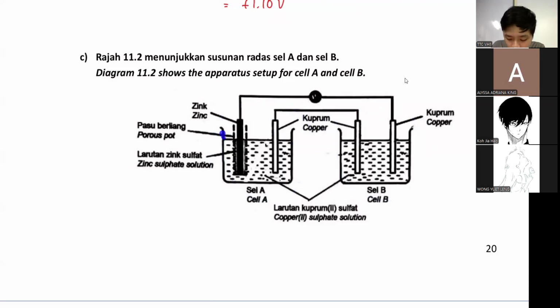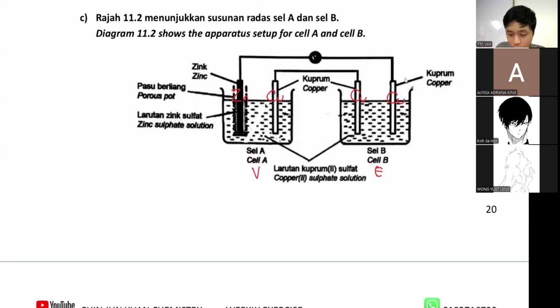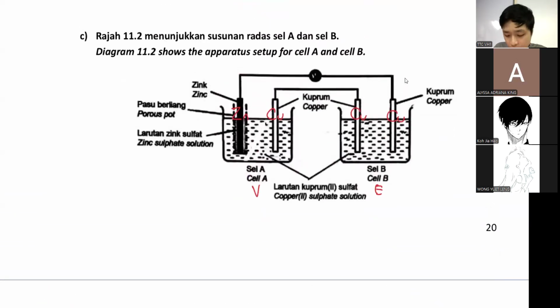So the moment you see two different metal electrodes like zinc and copper, you know this is the voltaic cell. Cell B can't be a voltaic cell because you got two same metal electrodes. Definitely cannot. This one is supposed to be the electrolytic cell. So we analyze first, then we answer the questions.